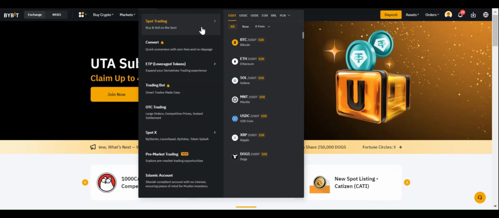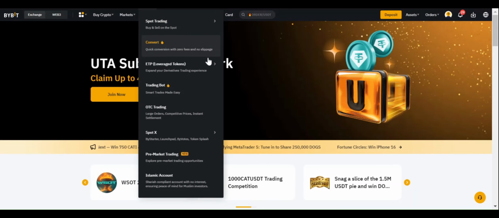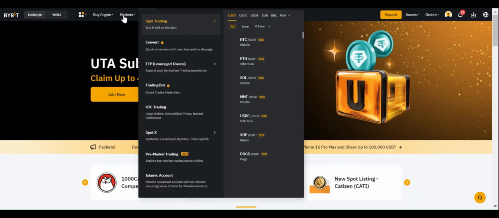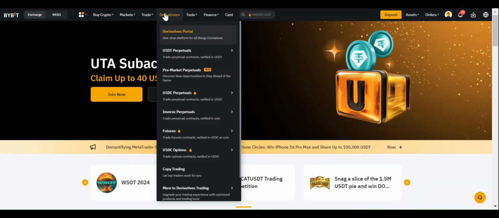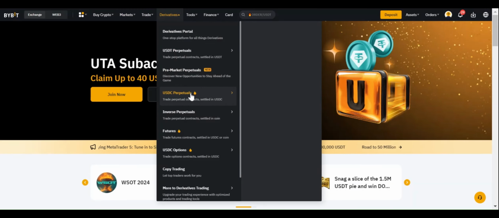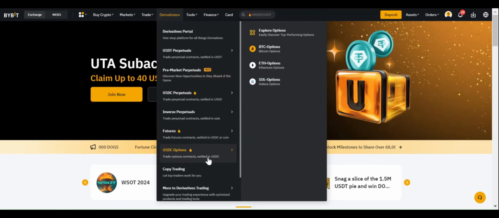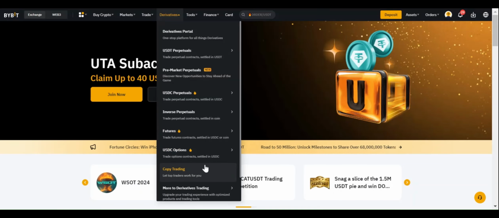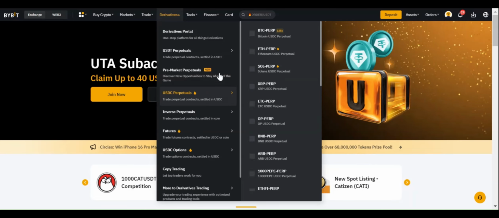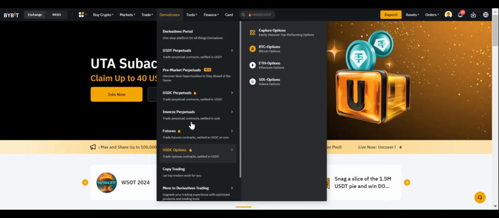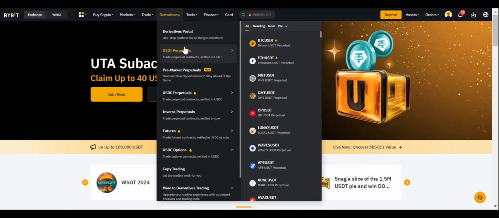And so you see that this shows a couple of options. This also has a couple of options, spot X as well. Then we just examined trade, so derivatives. Basically, these are all of the different features that this exchange offers. These are all of their products. You may not have to deal with each and every one of them, and that's fine.